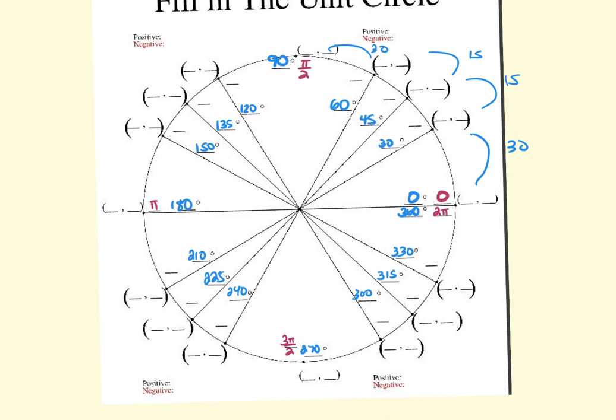Now the pattern for the rest of the lines is the line nearest the x-axis. So the one closest to our x-axis is over 6. We're going to fill in the top in a minute. But over 6, over 6, over 6. The one closest to the y-axis is over 3.